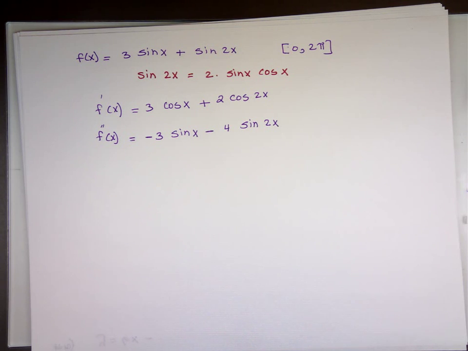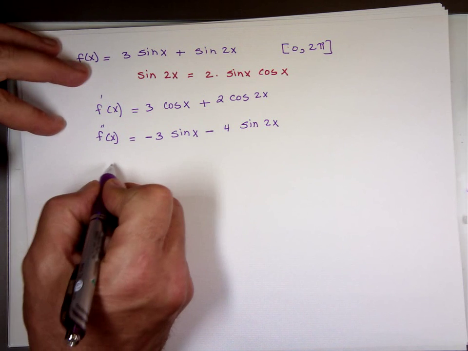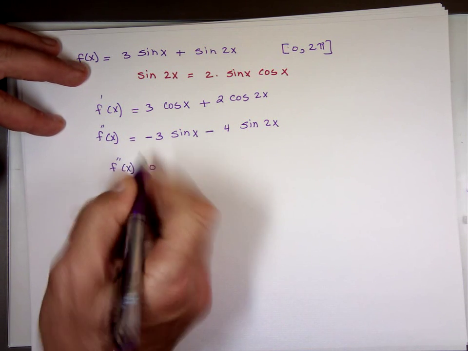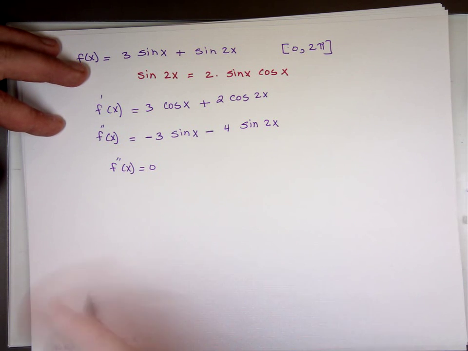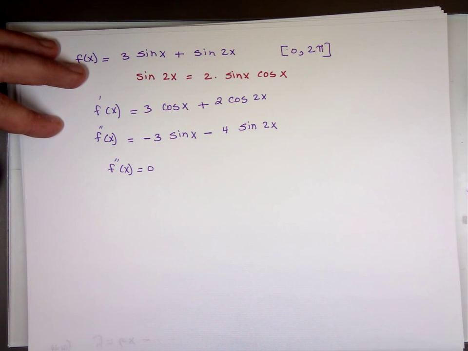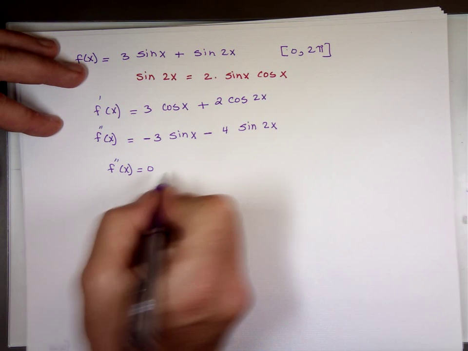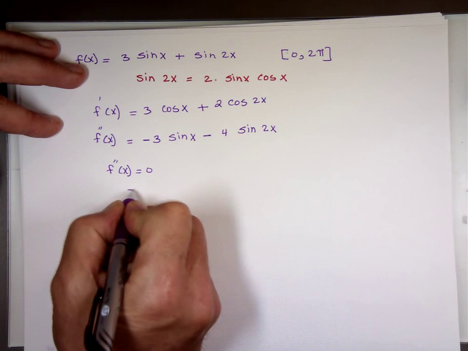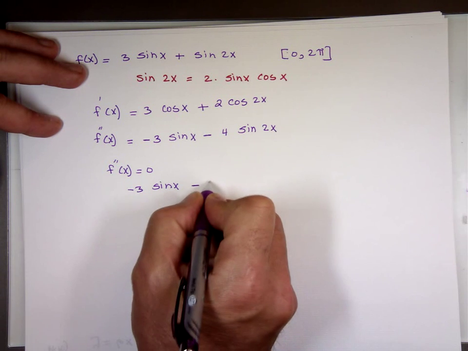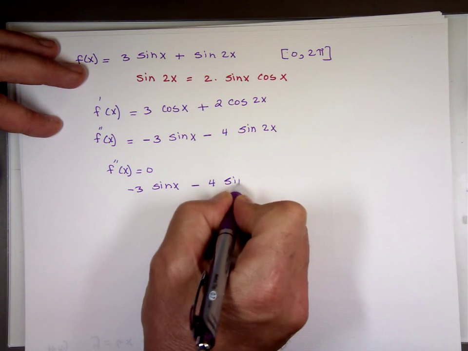And now we have to take the second derivative and set it equal to 0. It can't be undefined because there's no fraction. The sine will never be undefined. Tangent could be undefined, since tangent is sine over cosine, so when the cosine is 0, the tangent is undefined. This will never be. So negative 3 sine of x minus 4 sine of 2x equals 0.